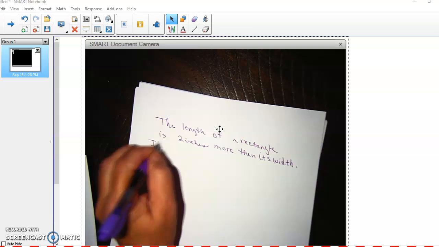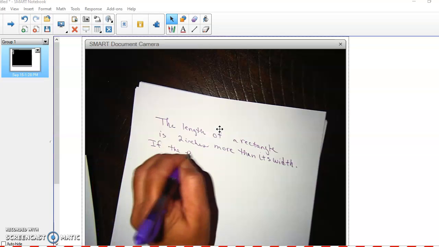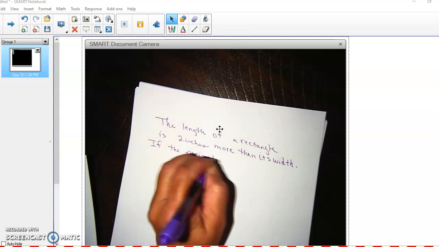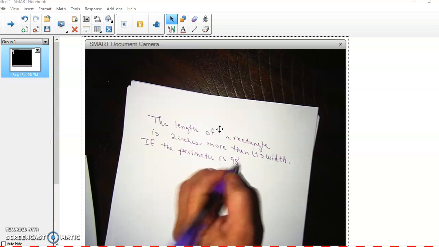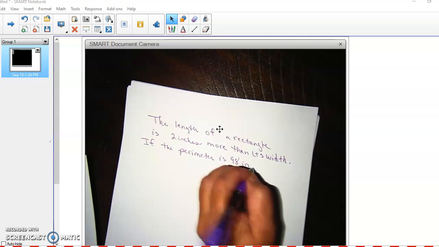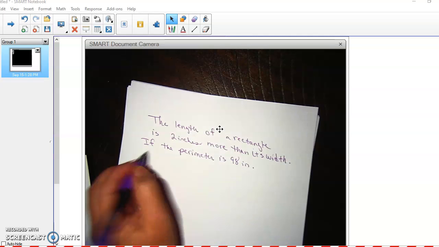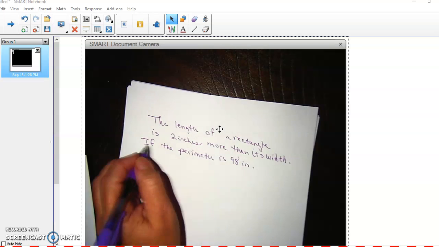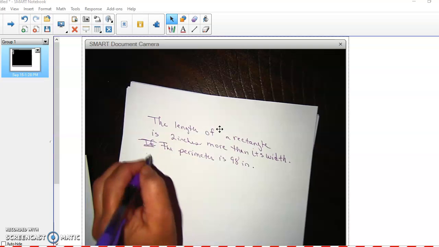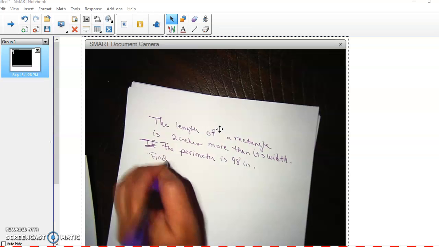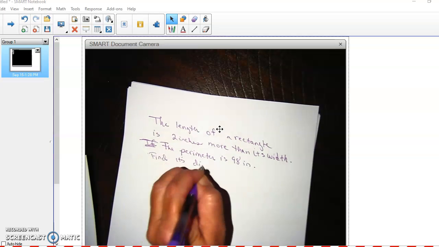If the perimeter is 98 inches, find its dimensions.